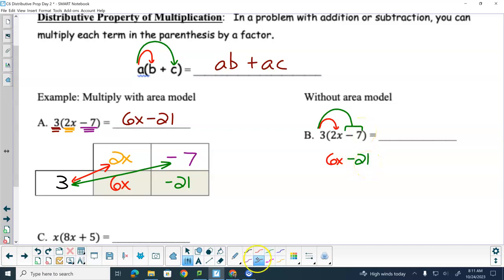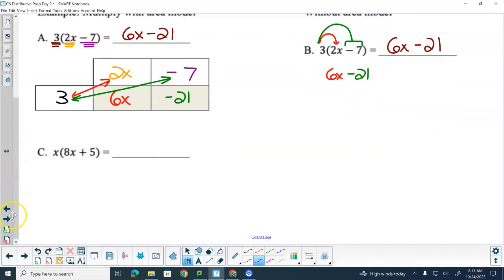And you see, we get the same answer. With that being said, try letter C in either method. I don't care which method you do, but try letter C right now.